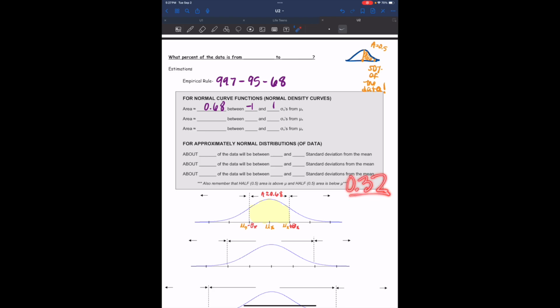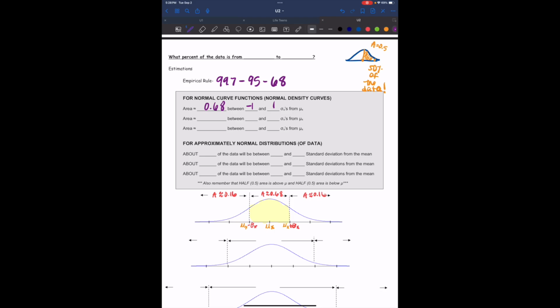And we have two sides, this side and that side. So we could take that number and divide it by 2, which would be 0.16 on both sides. So we could say the area out here is approximately 0.16, and the area over here is also 0.16. So about 16% of the data is over here, and about 16% of the data is over there. It gets us a good feel for things.